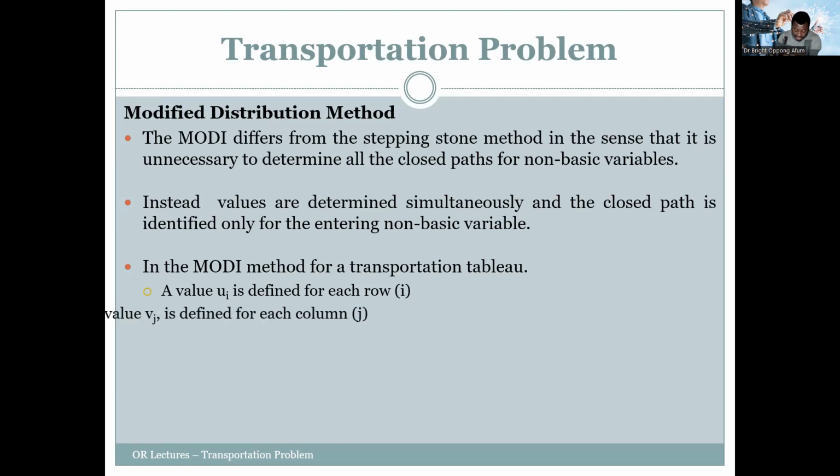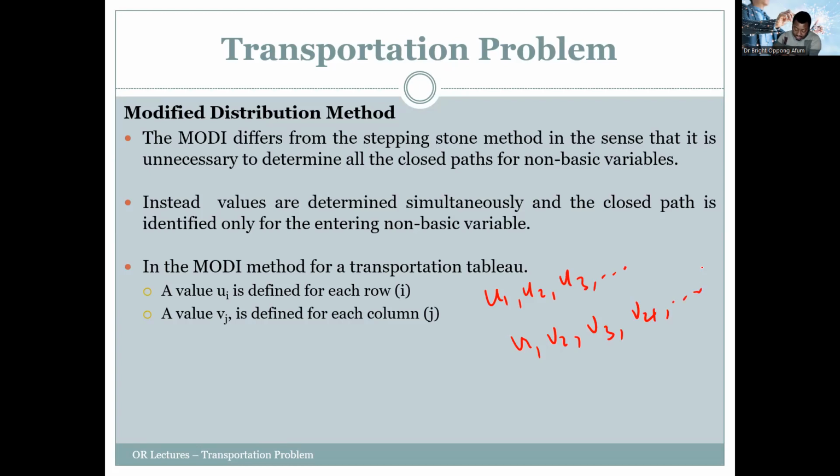So we use the value Ui to define cells in the row. So we say row 1, row 2, row 3, that is U1, U2, U3, U4 in that order. Then we also define the Vjs representing cell values for each column. So we have V1, V2, V3, V4, and so on.